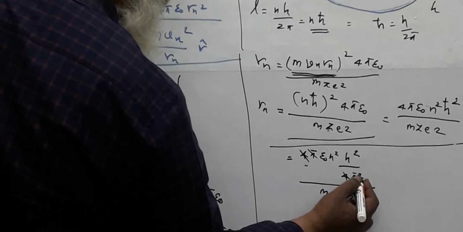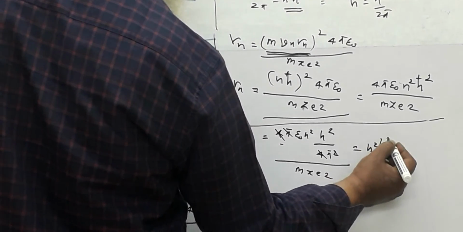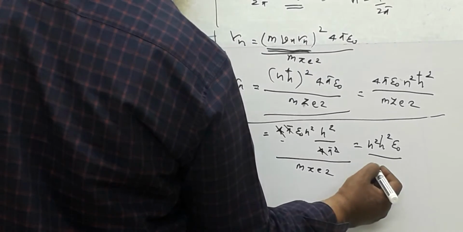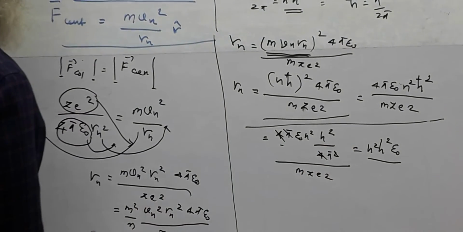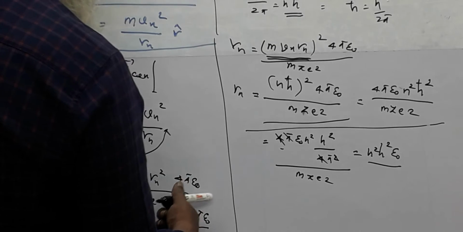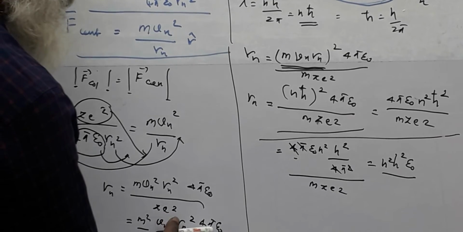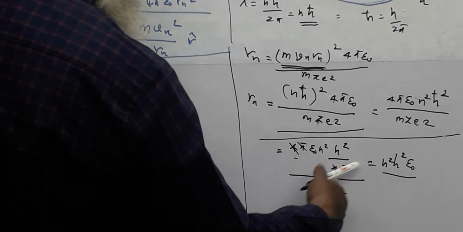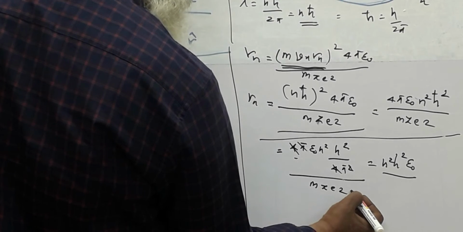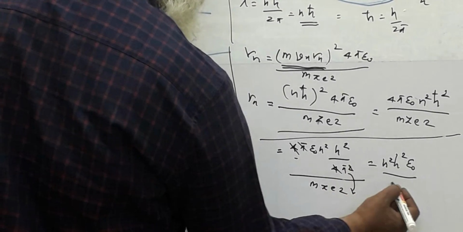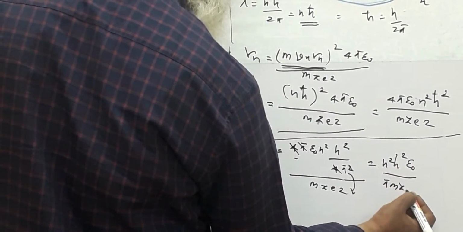Here 4 pi cancels, and one pi remains, so this pi will come here. Therefore Rn is n square h square epsilon naught divided by pi m z e square.